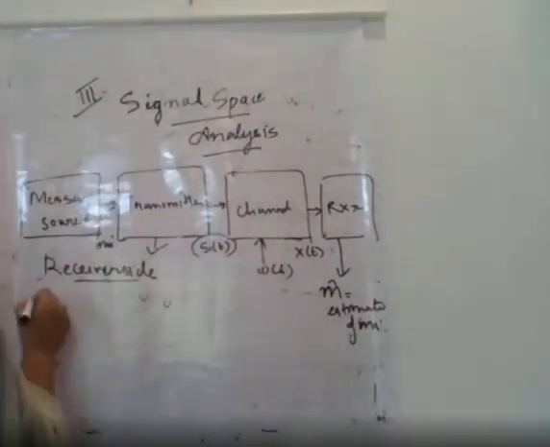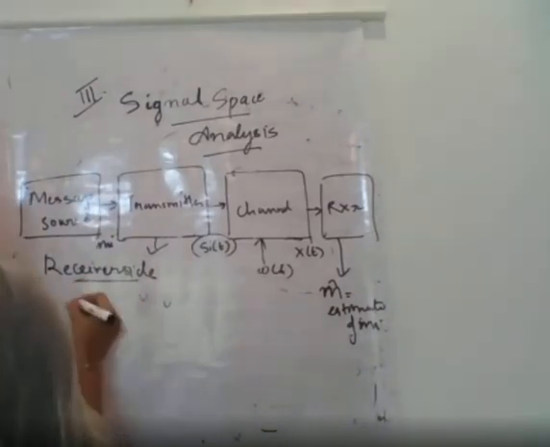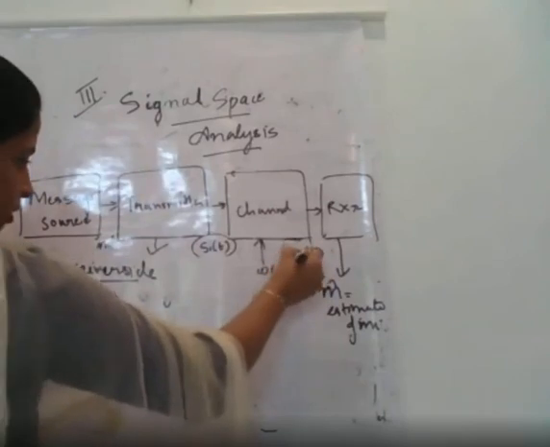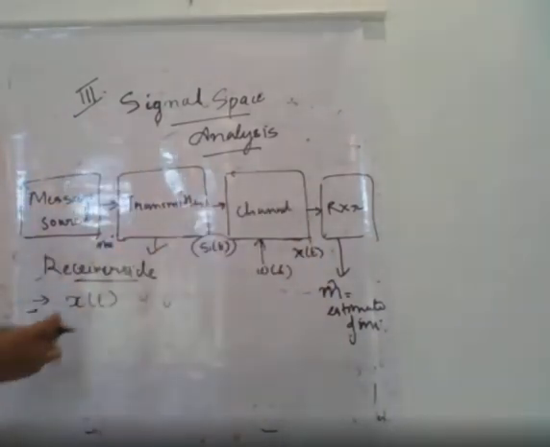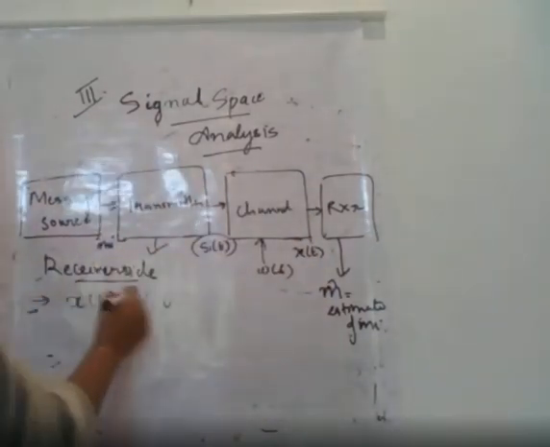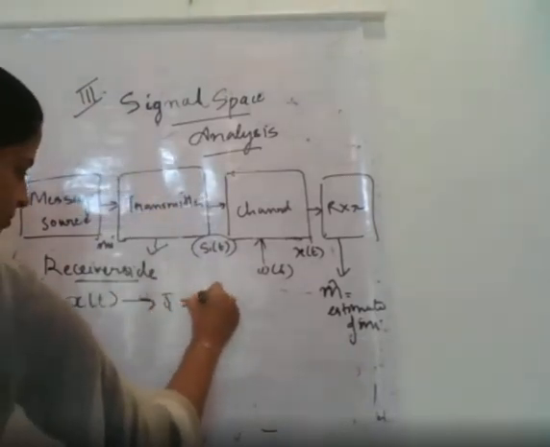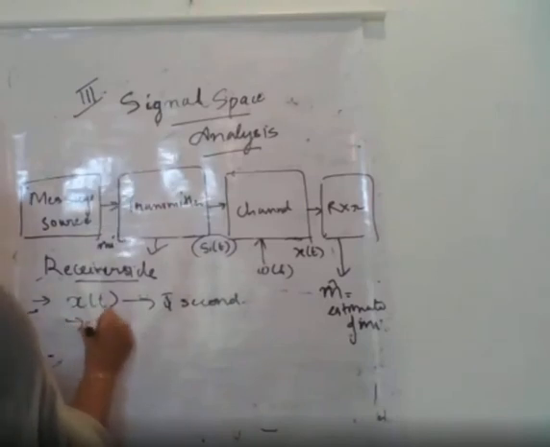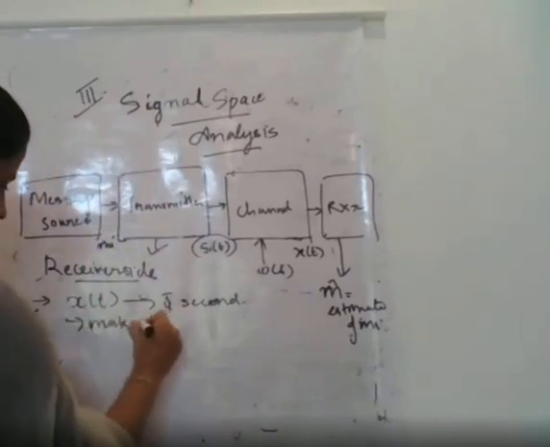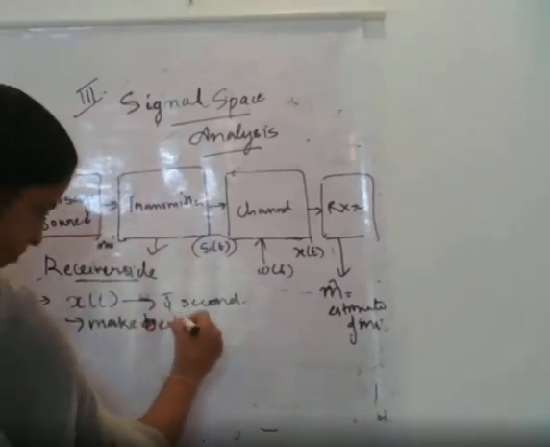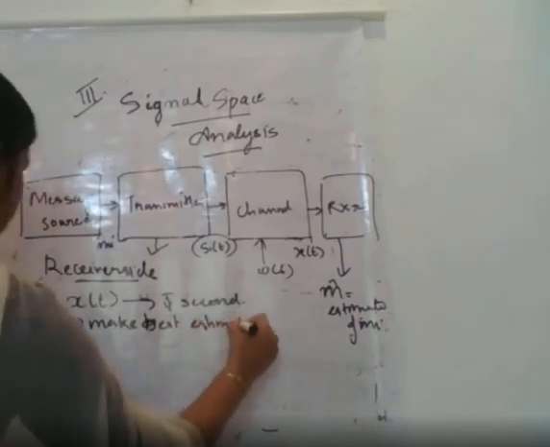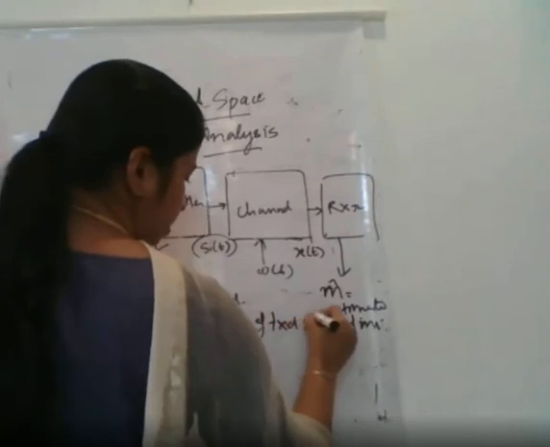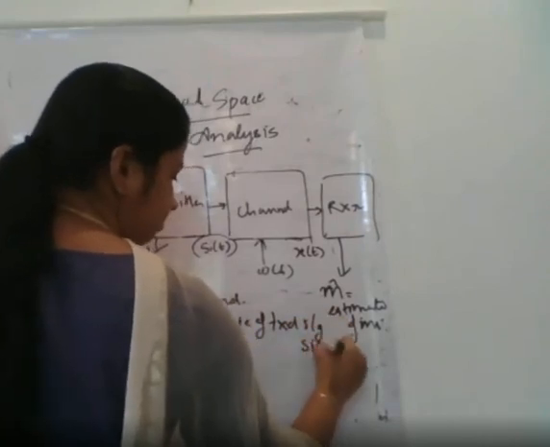This receiver has the task of observing the received signal x of t for a duration of T seconds, and it makes the best estimate of the transmitted signal s_i of t.